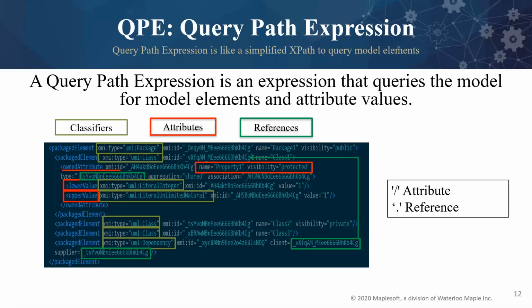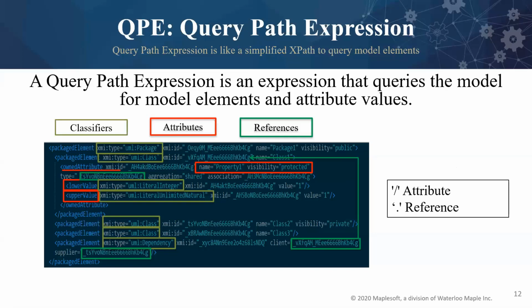A query path expression is very similar to XPath, like querying an XML document for information inside it. Within the query path expression, you're going to interact with only 3 different types of information, namely the classifier, the attribute, and the references. The combination of these 3 is what you'll be using to create the configuration file.